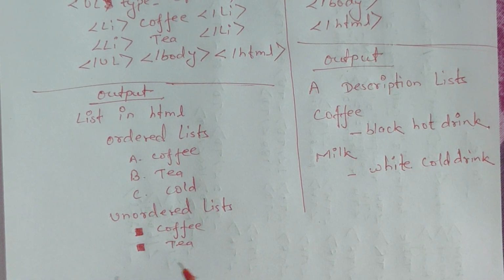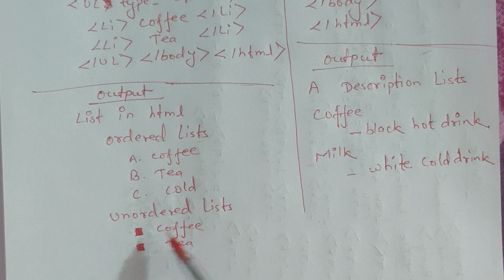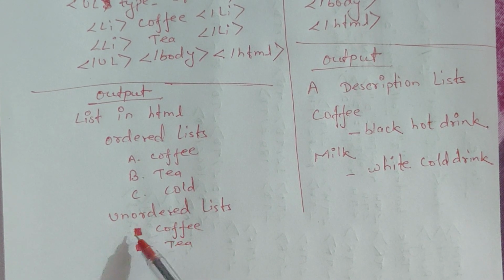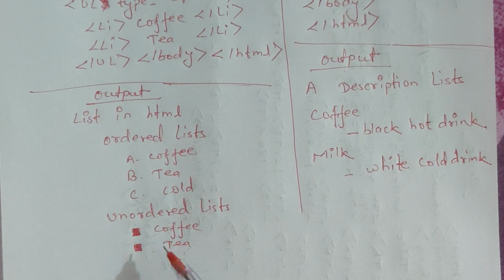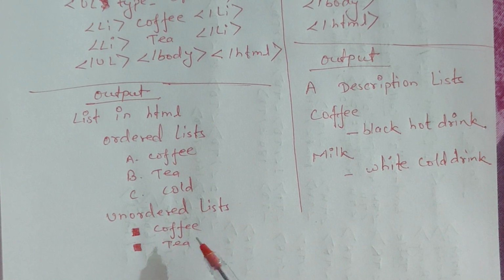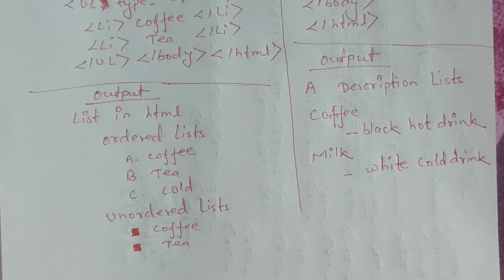Like you can see here, a square box is given in front of the point: coffee, square box; tea, square box. So this is not representing any order, it does not have any unique index. Okay, so we cannot say this is in order.